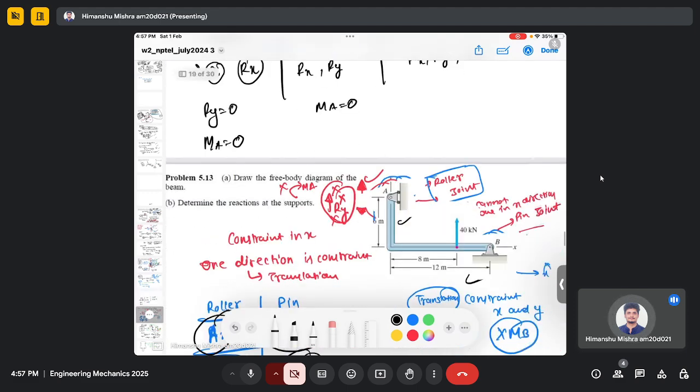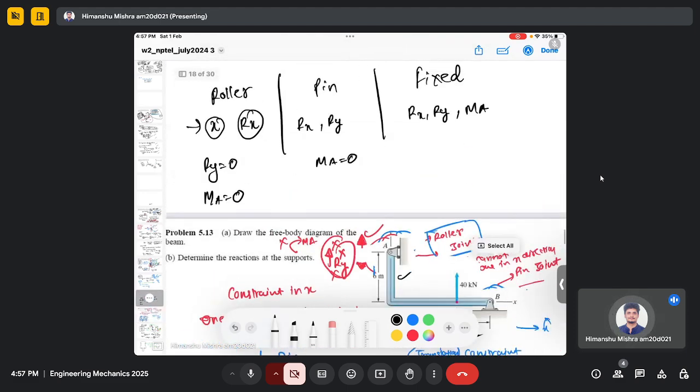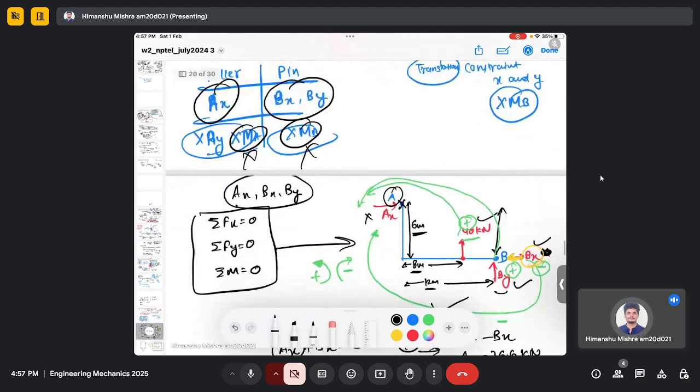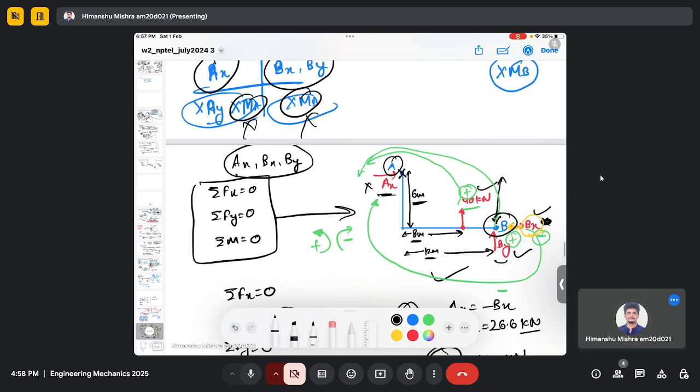So when you make the free body diagram, you need to notice which joint you have been given, and based on this information, you draw the free body diagram. So you can see here you have only one reaction force Ax in the roller joint, and in the pin joint at B you have two reaction forces, Bx and By.